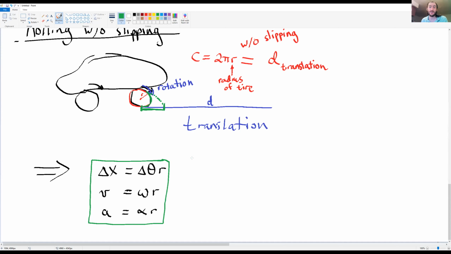The tires skid as they spin and try to get traction on the road. In that case, the angular speed of the tires is bigger than 0, but the speed of the car is 0 because the tires haven't gotten traction yet. So there's no clear relationship between the translational and angular displacement, velocity, or acceleration when there's slipping.